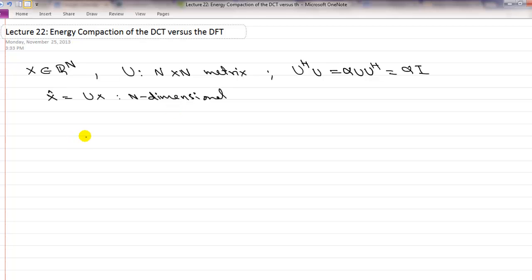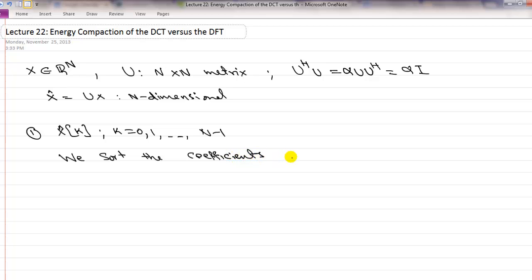To talk about energy compaction, we first say that we are given x hat k, where k equals 0, 1, up to n minus 1, and we sort these coefficients by their magnitude. We put the one which has the most energy first, then the next one, and so forth.